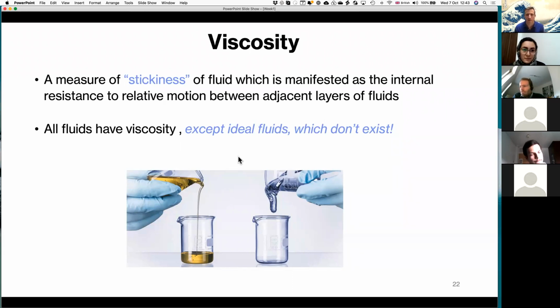All fluids have viscosity of some order, except in the theoretical way. We do consider flows that are ideal fluids, and in such flows, there are no losses due to viscous forces. There is no viscosity, but this is an assumption only. In practical circumstances, there is always a loss, as you will find out in thermodynamics.